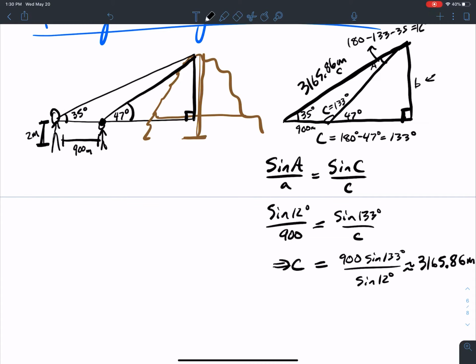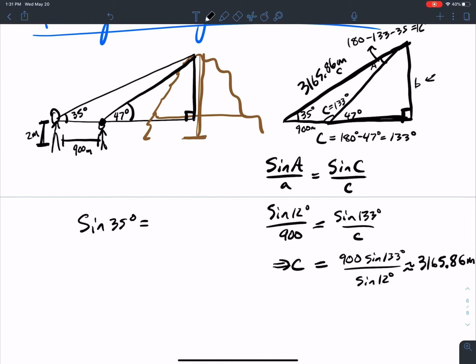Now, I need this side right here. Well, what do I know? I know that the sine of 35 degrees is equal to opposite over hypotenuse.